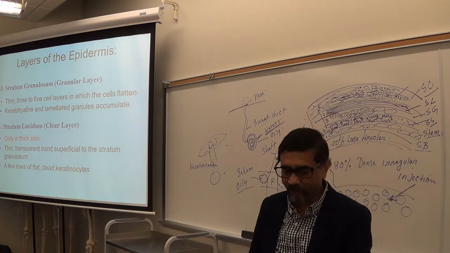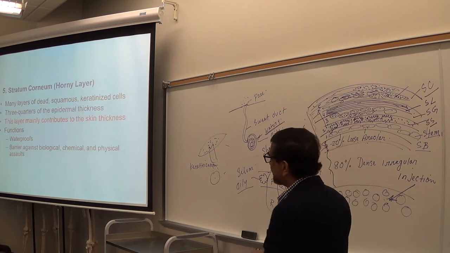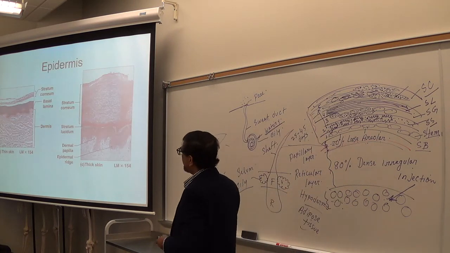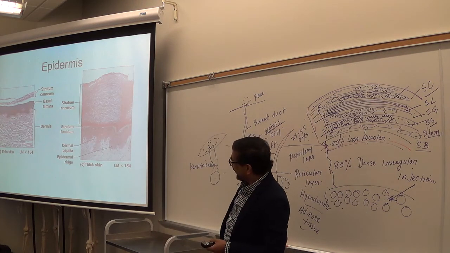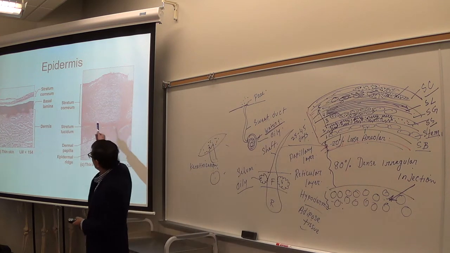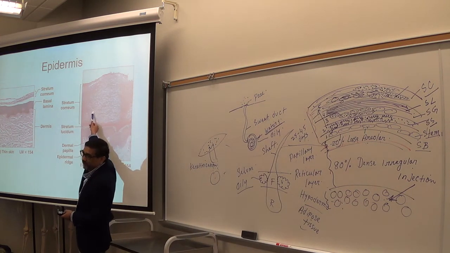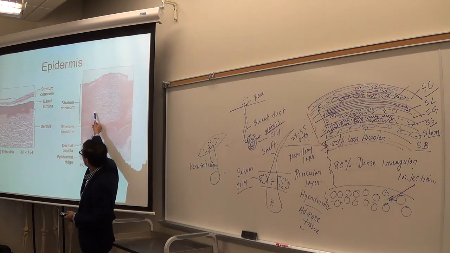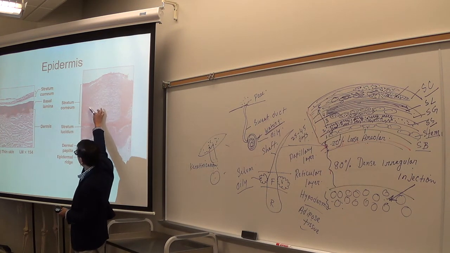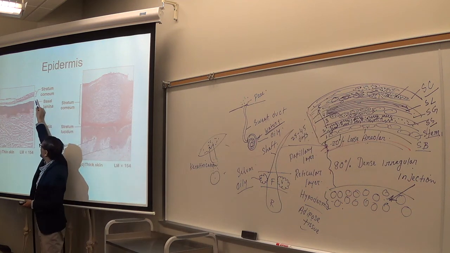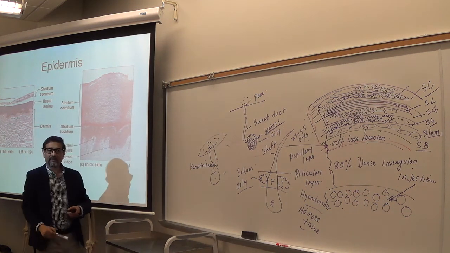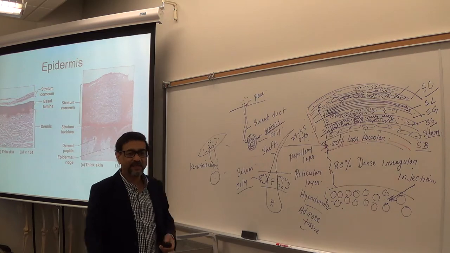So remember those things I mentioned. Here you see the stratum corneum, the outermost layer of epidermis in thick skin. You see how thick it is. This is in thin skin, stratum corneum, much thinner, right? So that gives the thickness.